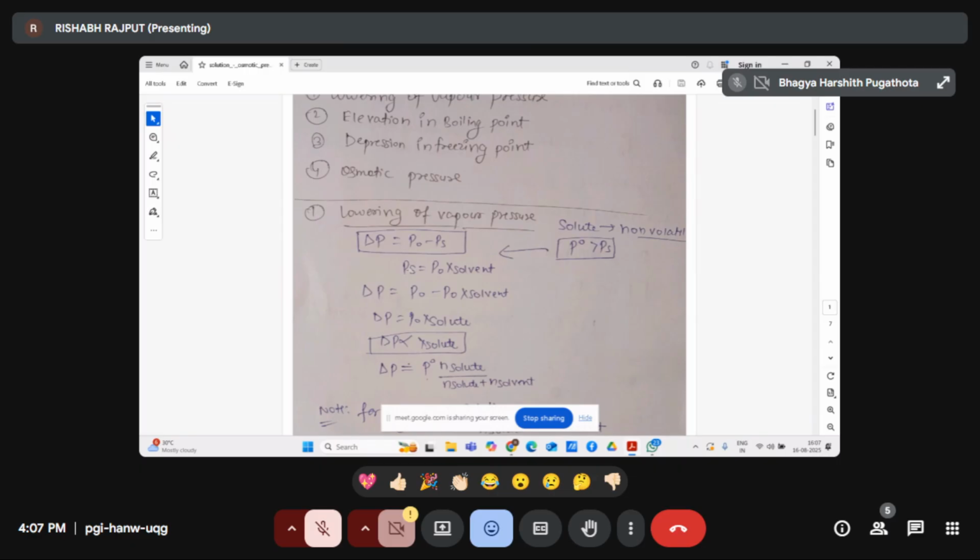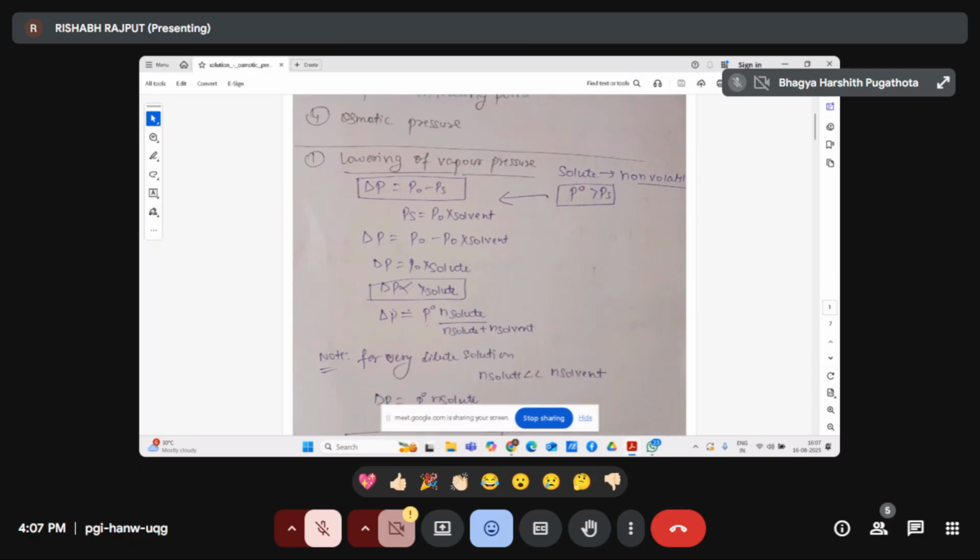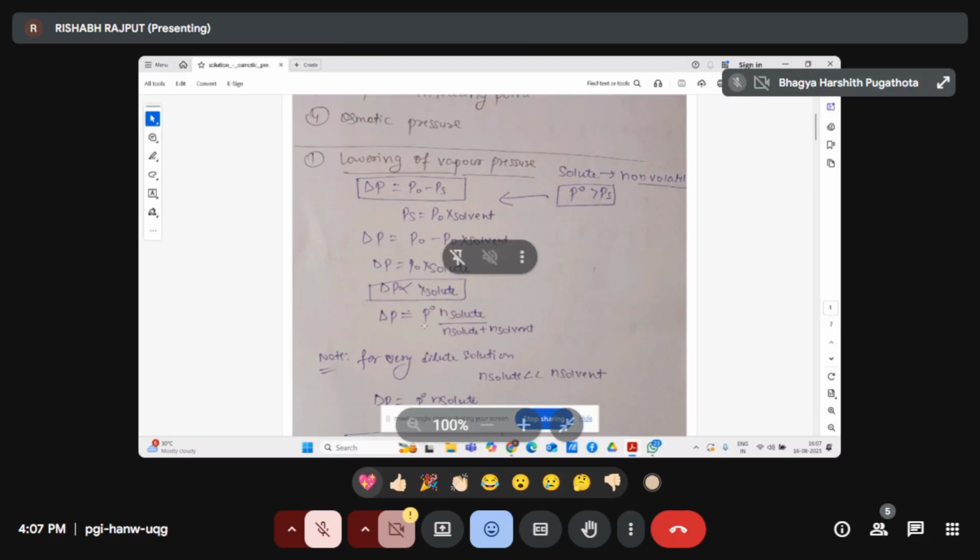In the last class I told you how to derive this, so here I will not derive it. I am just telling it for revision.